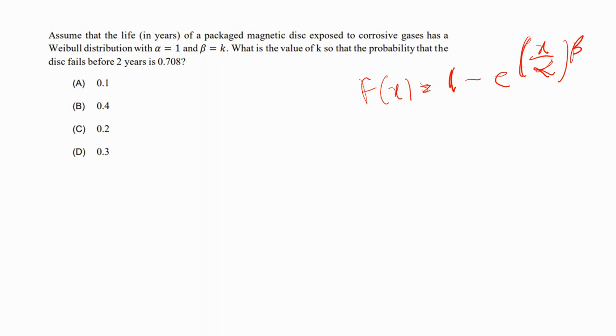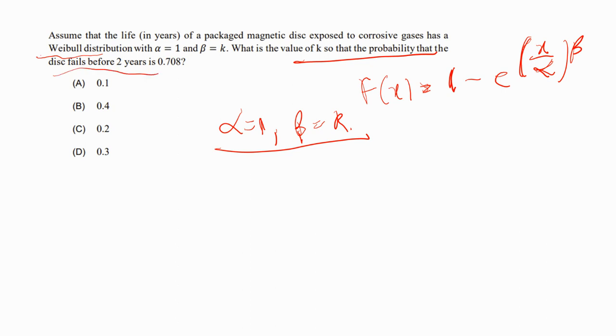So what is given here is that alpha is equal to 1, beta is equal to k. Assume that the life of this disk is following Weibull distribution. So what is the value of k so that the probability that the disk fails before 2 years is 0.708.